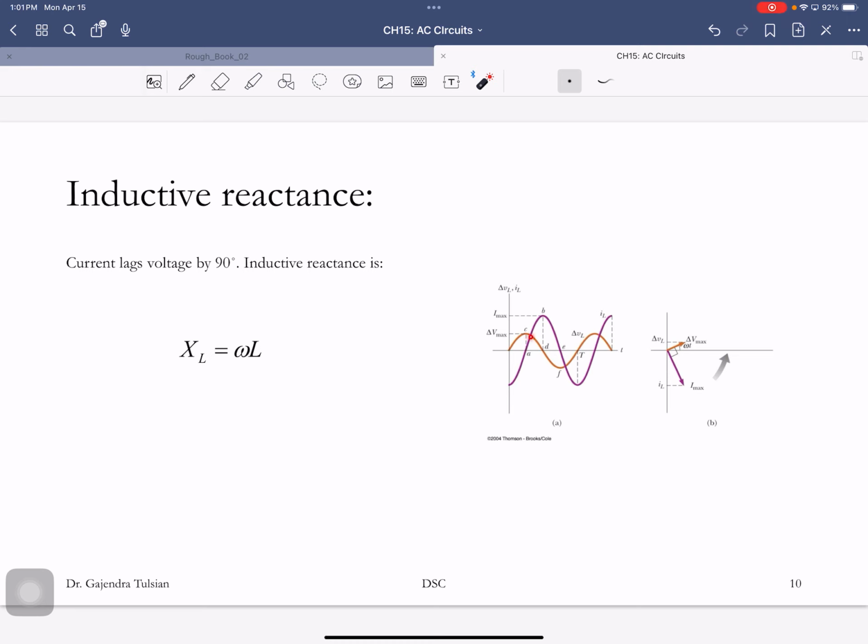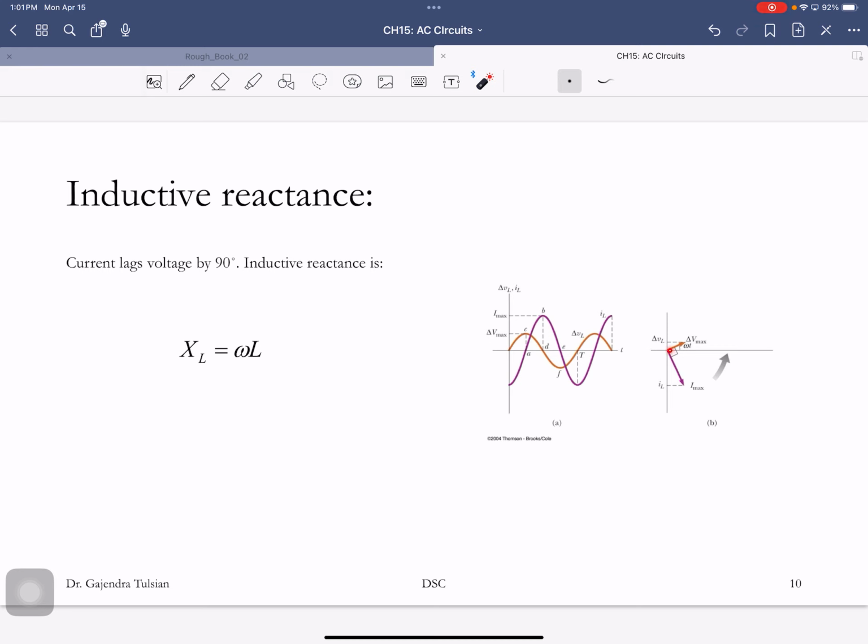In this part, the voltage is decreasing and the current is rising. Here the voltage is decreasing, and again the current is still rising. Here in this part of the curve, the voltage is decreasing and the current is decreasing as well. But you see, voltage and current are not in lockstep.